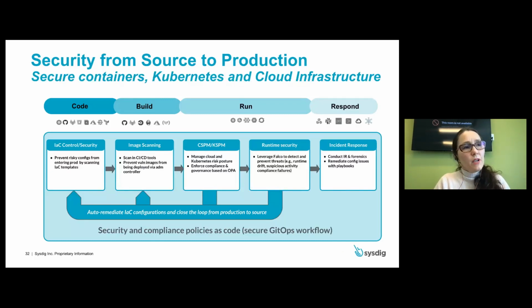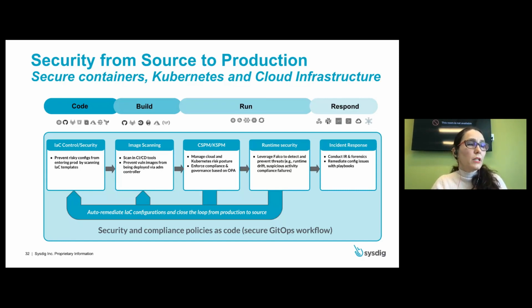So in terms of use case that we offer to our user community, we want to make sure that we assist them in protecting their entire software life cycle, starting from the coding stage, even when defining their infrastructure. Today infrastructure is code, so security has to be also.